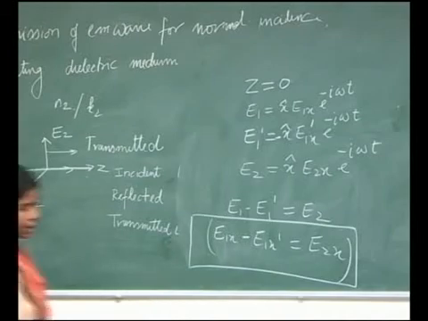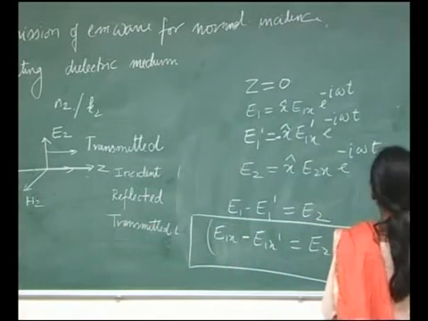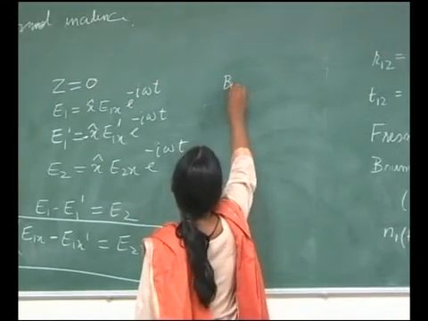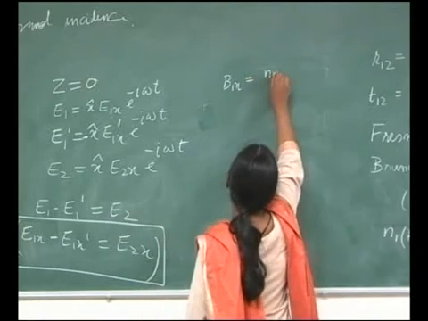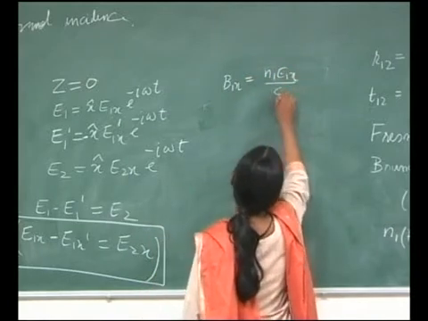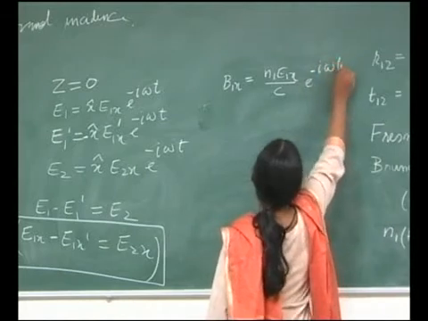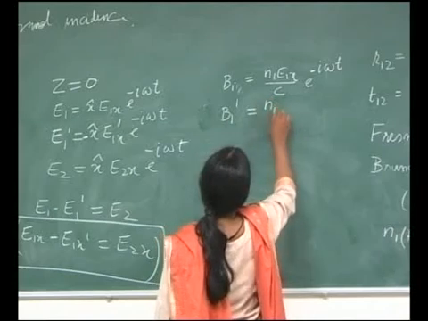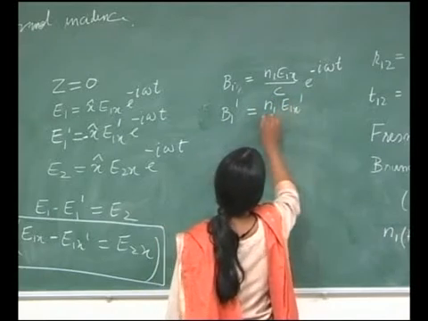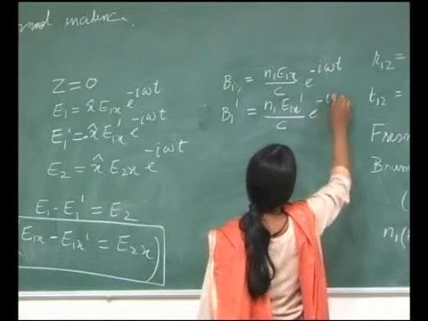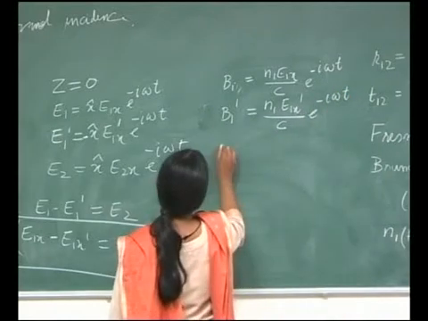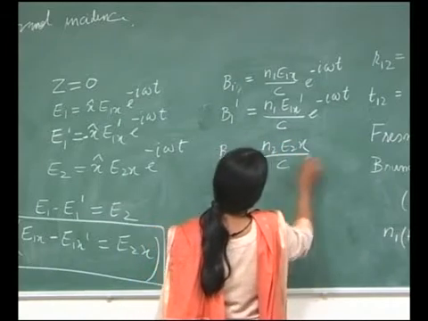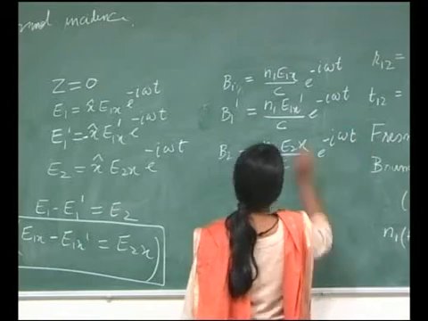Similarly, from here I can derive the condition for the magnetic field. I can write that B1 x is equal to N1 E1 x upon C e to the power minus I omega t, and B1 dash is equal to N1 E1 x dash divided by C e to the power minus I omega t, and B2 is equal to N2 E2 x divided by C e to the power minus I omega t.